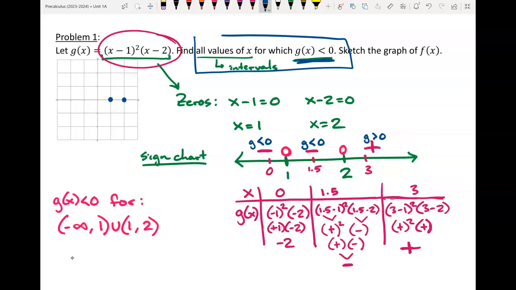And we know to the left of 1 we are negative, so we're below the x-axis. To the right of 1 we are below the x-axis as well because we're negative. And then to the right of 2 we're negative, but then to the left of 2 we are positive. So we're going to be above.